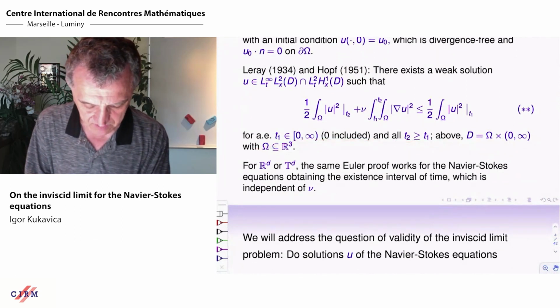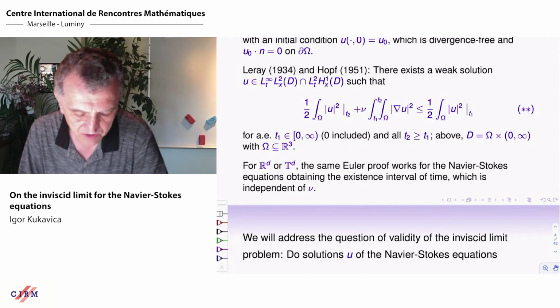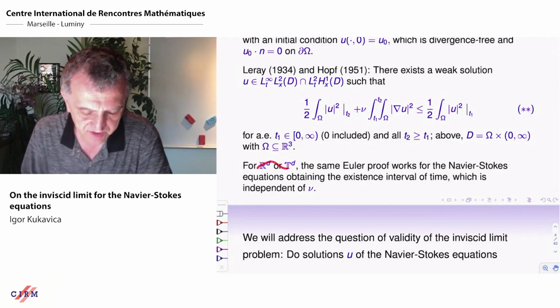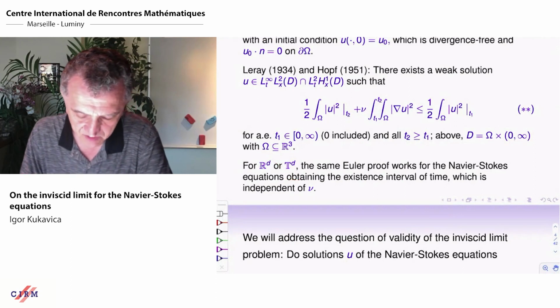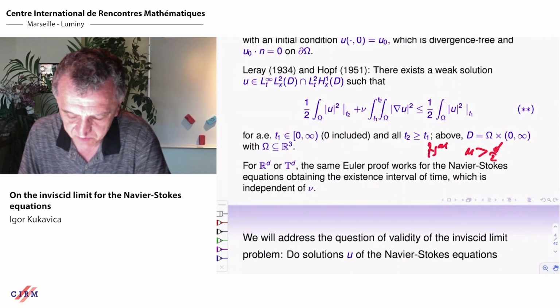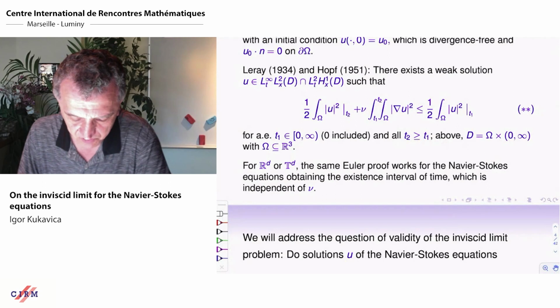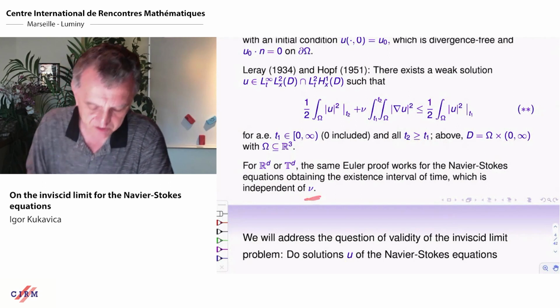The proof which gives the existence of the Euler solutions actually works in R^d or the torus also, and gives the same theorem. So if u0 is in H^m and m bigger than d/2 plus 1, this also holds for the Navier-Stokes equations, with time independent of nu.